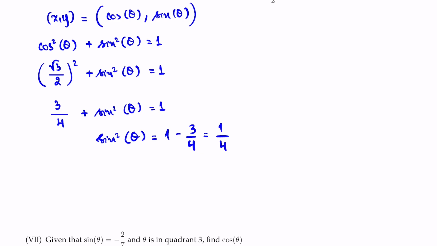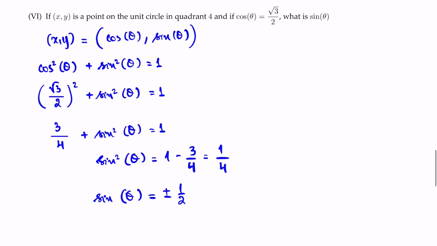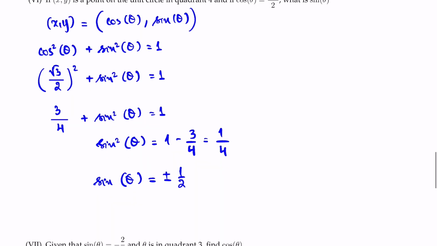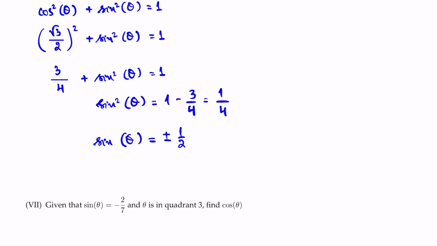Then you take the square root on both sides of the equation. You get sine of theta equal to plus or minus 1/2. Now, what should be the choice of sine of theta? Again, we go back to the given problem: the point is in quadrant 4, which indicates that sine should be a negative number. So since the point is in quadrant 4, sine of theta is equal to negative 1/2.